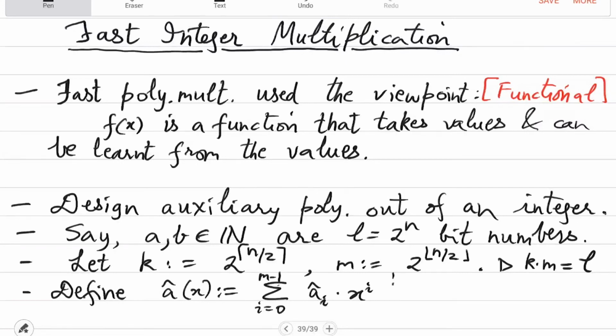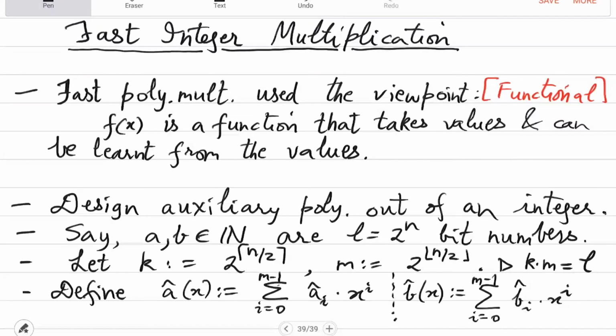And similarly b hat. So the degree of a hat and b hat is m or m minus 1.